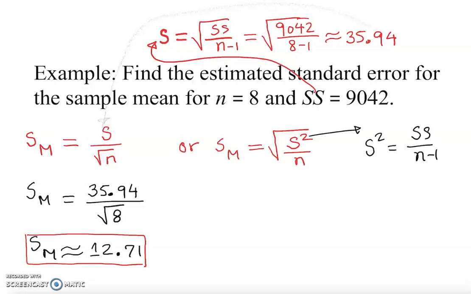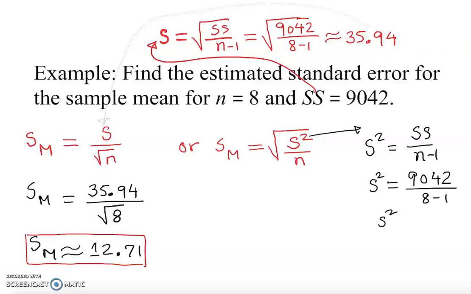This is how we find the variance. SS is given, so plug it in. This time we don't use the square root because we are looking for variance. So 9042 over n minus 1, which is 7.